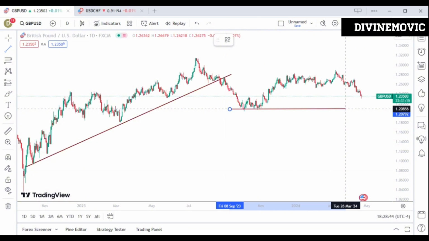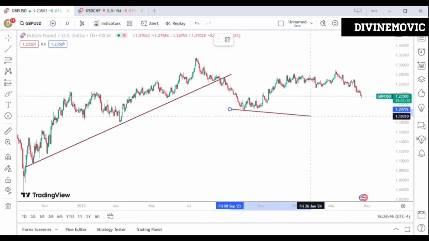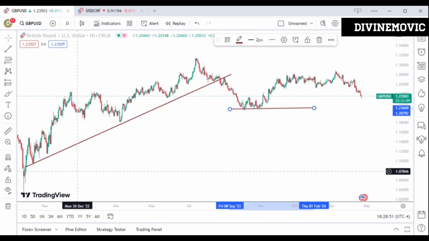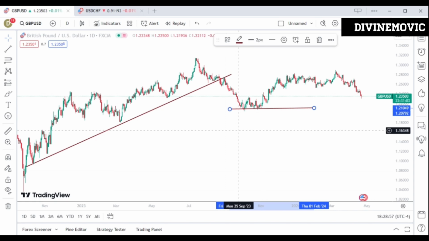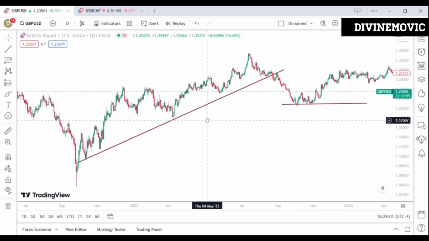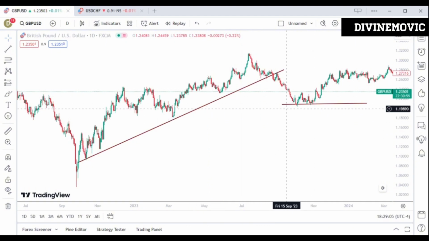Now, when price broke out of this uptrend, price got to this point and is asking you to pay attention to what price is doing here. So this point is referred to as our key level. Once we find our support key level, there's always a resistance key level. And where is the resistance key level?